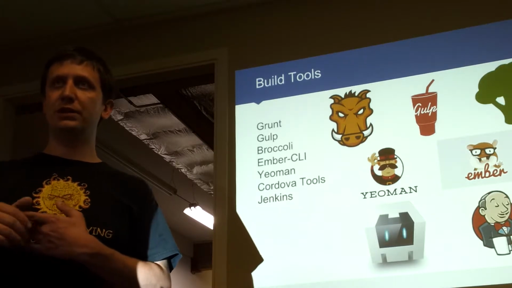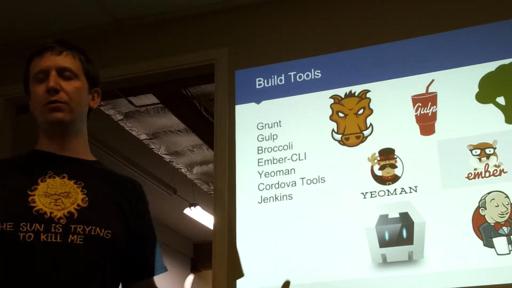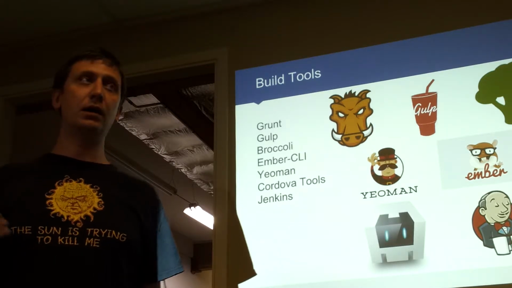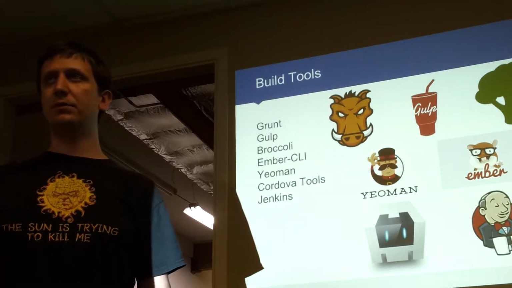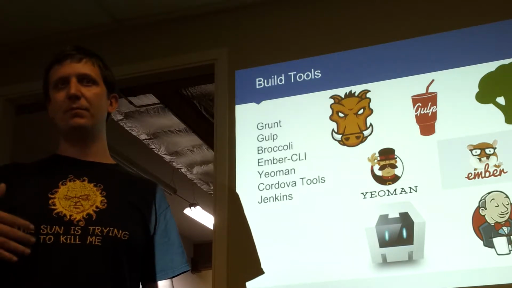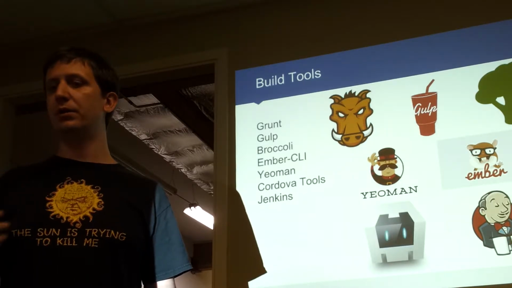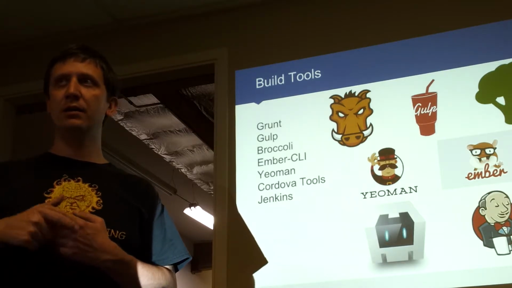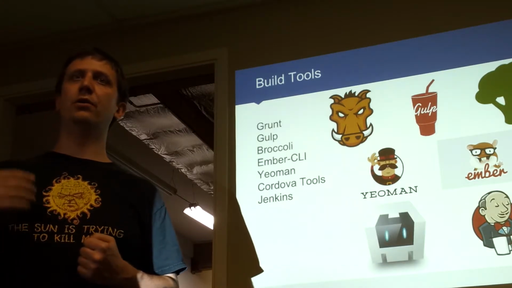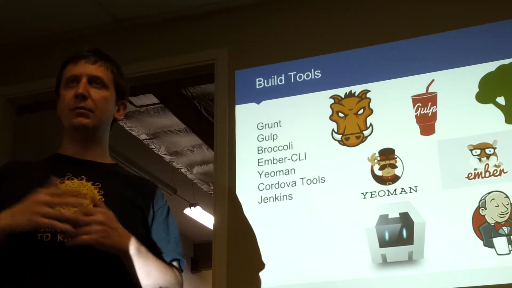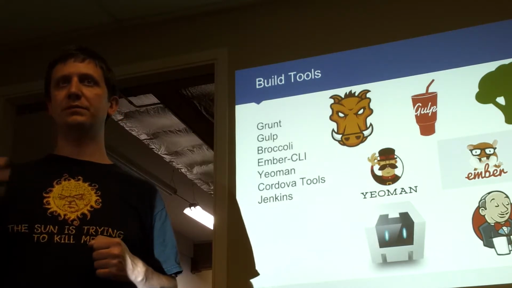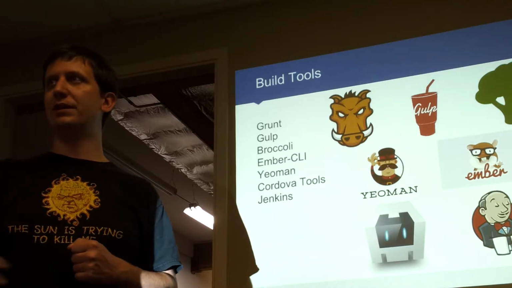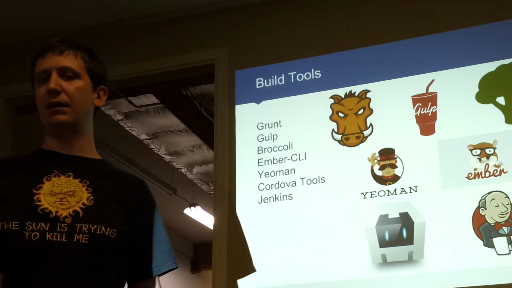There's actually a huge amount of tooling that can help you out. We've got Grunt, Gulp, Broccoli. Those are different tools that can help you repeatably build your code. You've got Yeoman and Ember CLI. Those will help you generate new code, like sample starter projects if you're starting new stuff, and make sure that you're doing things in the standard way for your platform.